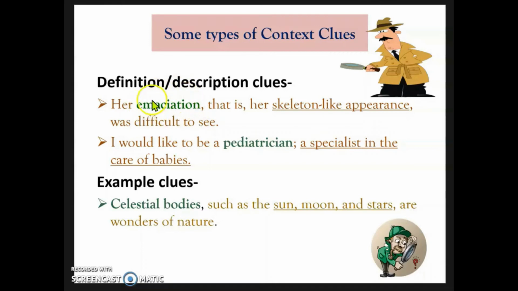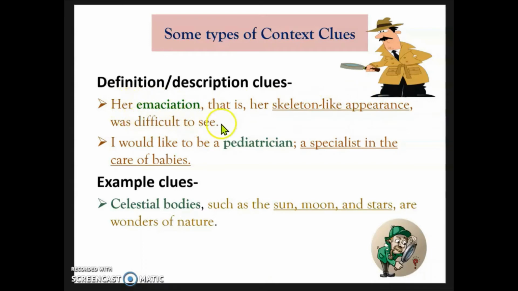Emaciation is the unknown word. This is the word for which meaning is being sought. Her emaciation, that is, her skeleton-like appearance. Skeleton-like appearance is a description of this word. Her skeleton-like appearance was difficult to see.